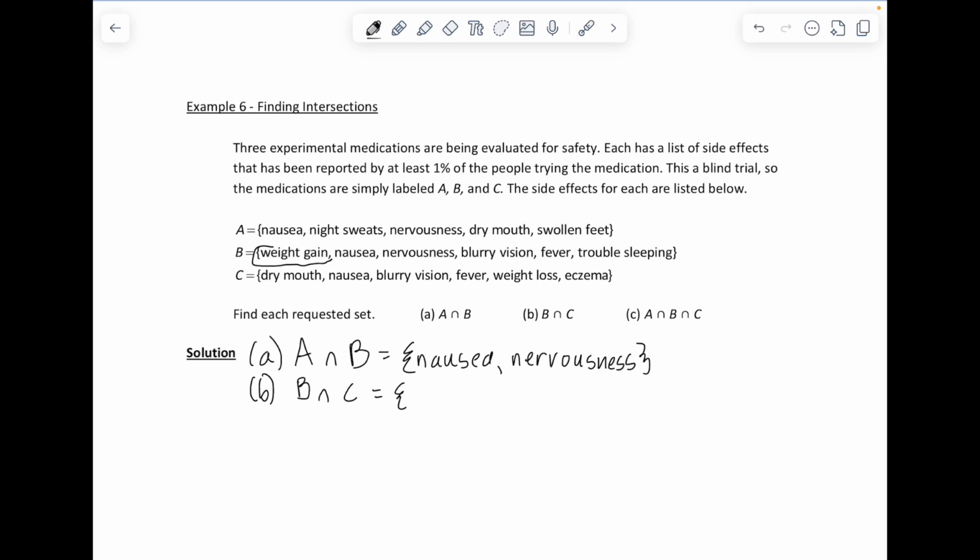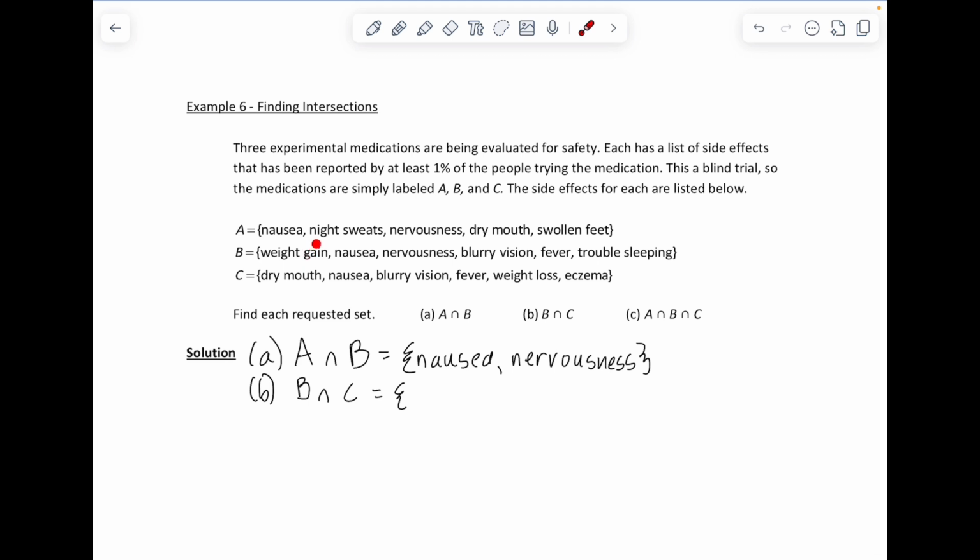Weight loss, oh, shoot, I can't read today, can I? This one is obviously weight gain, and this one is weight loss, sorry.